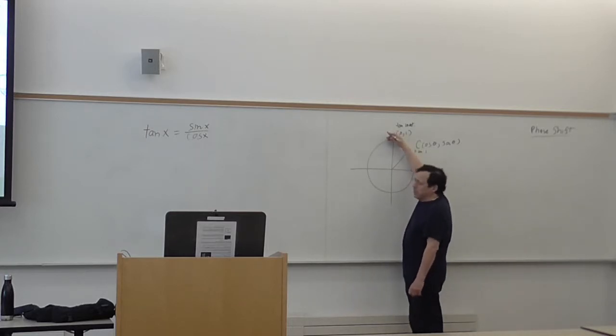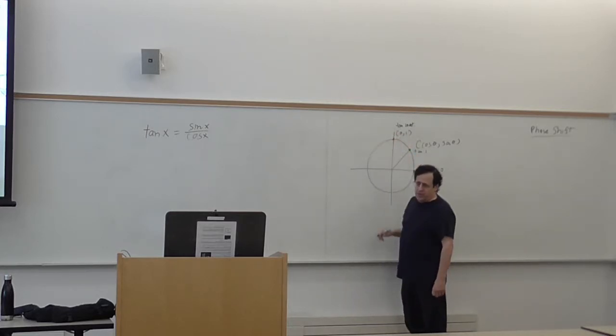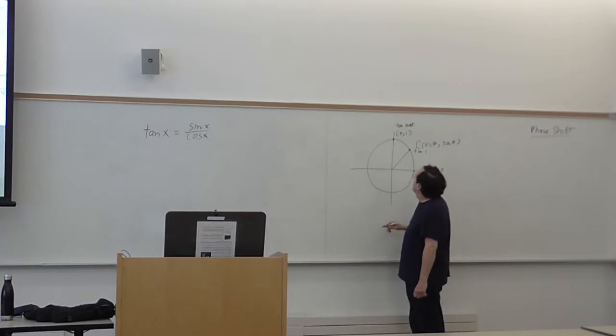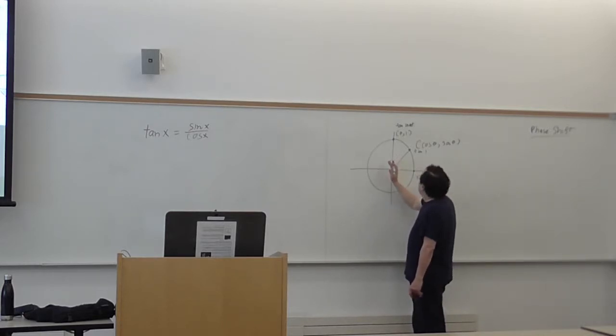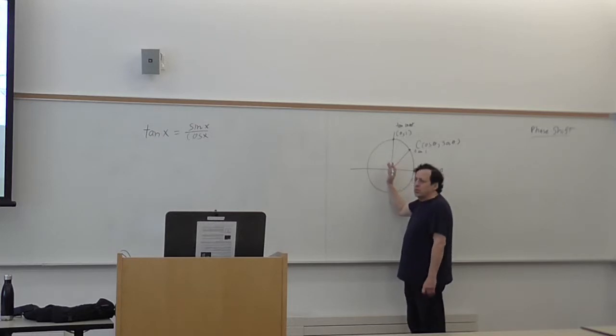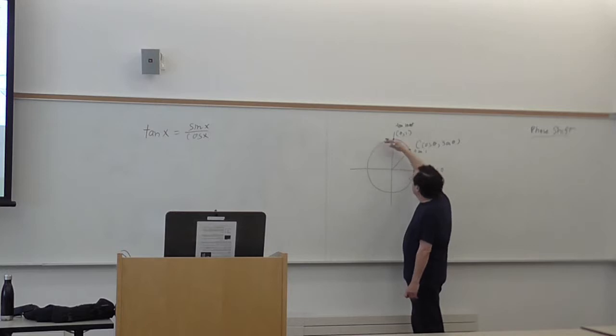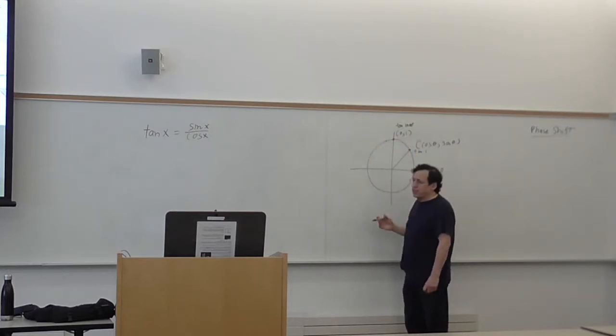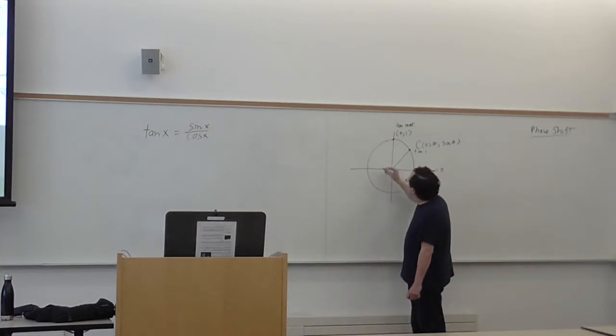Now, as I start moving beyond 90 degrees, what happens? Well, my sine is now negative, right? But my cosine is still positive. So I have some big number up here, but it's very negative. So it's very low on the graph.